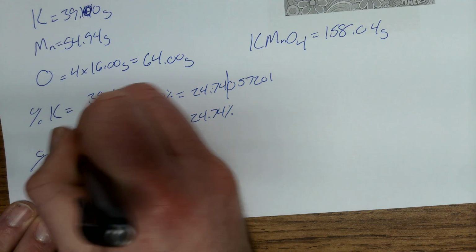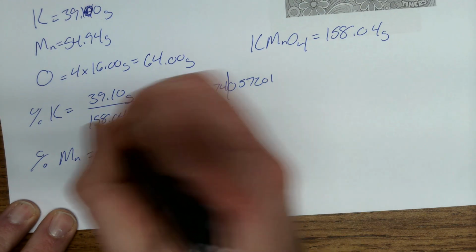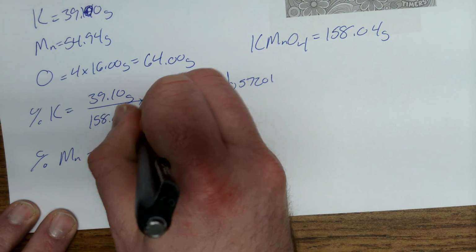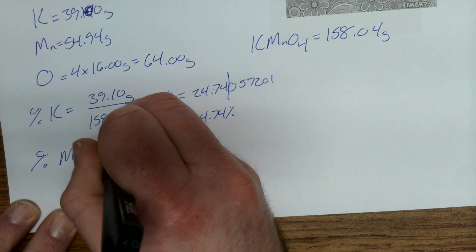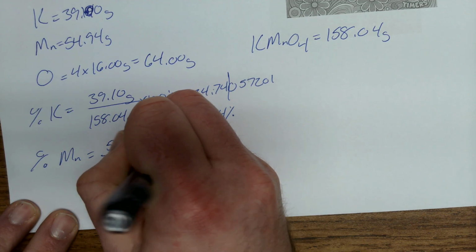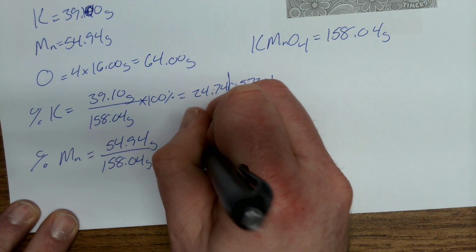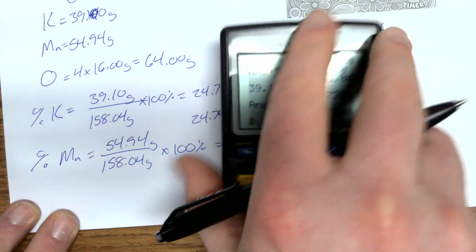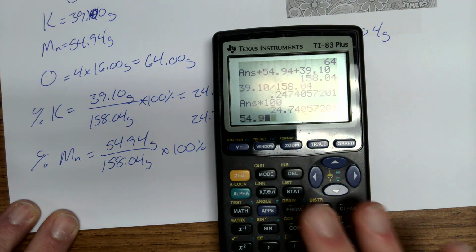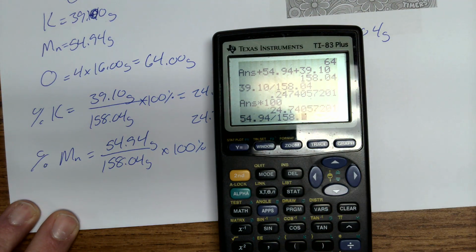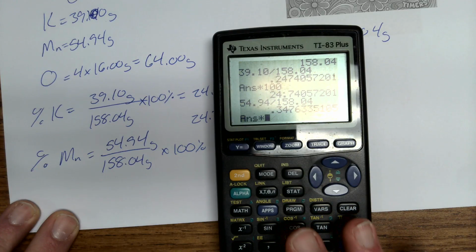Percent Mn equals 54.94 grams divided by 158.04 grams times 100% equals 54.94 divided by 158.04 times 100.